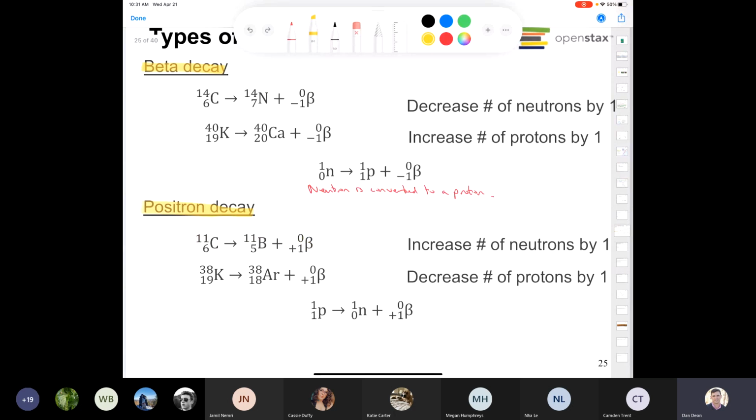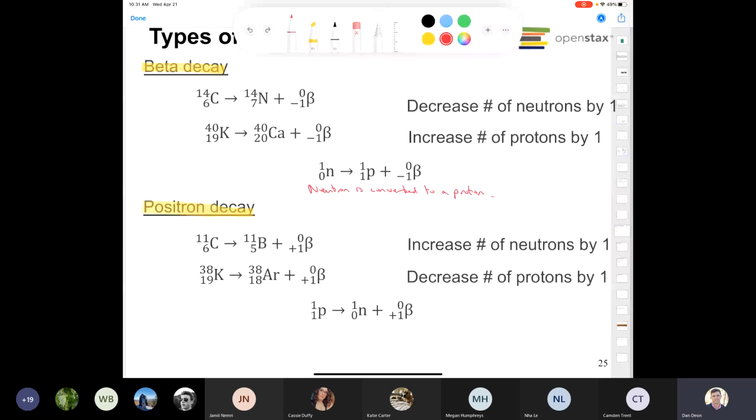Well, we're going from carbon to boron here, so now we're decreasing the atomic number, right? We're going from carbon down to boron, whereas in the first example, the beta decay, we were going up in the number of protons. So here, the number of protons is dropping by 1, and the number of neutrons is increasing by 1.